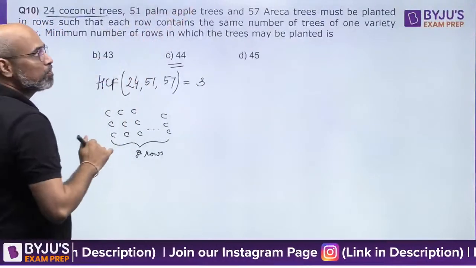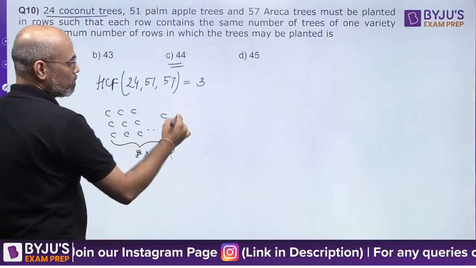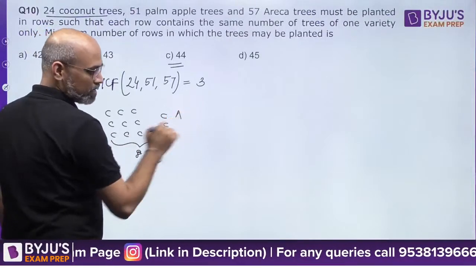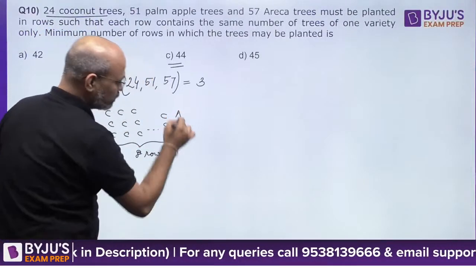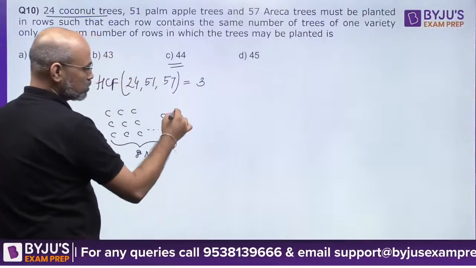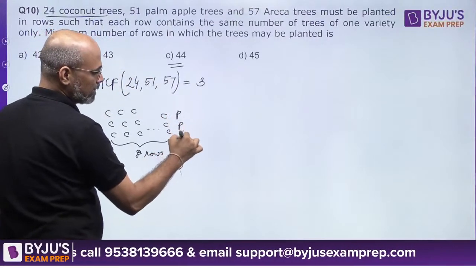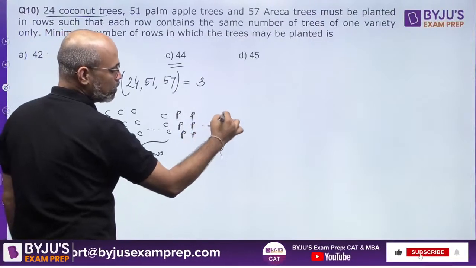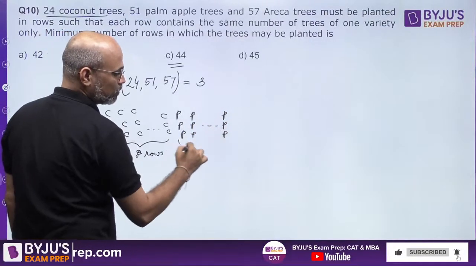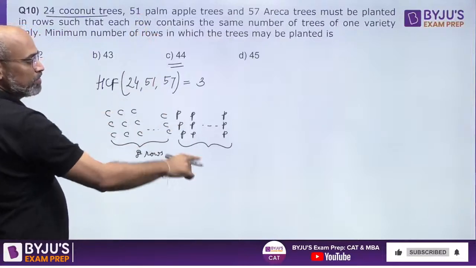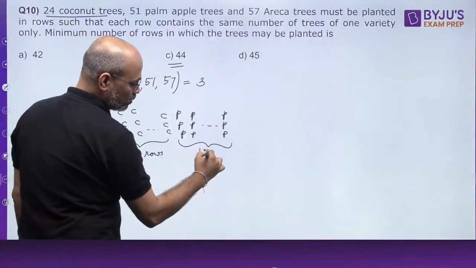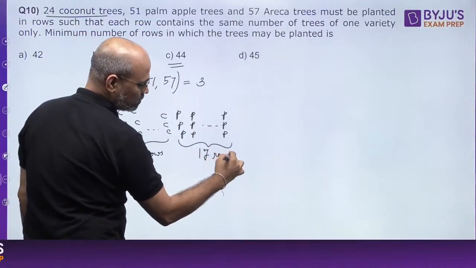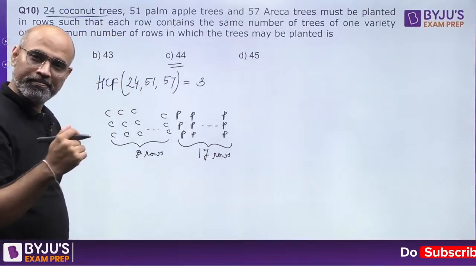Number of trees are same and type be same. Next, 51 palm apple. For palm apple, let's use a different letter. If I write P, P and P, 3, next P and P and P, and if I keep on planting 3 P's in every row, so 51 divided by 3, this is going to be a total of 17 rows. 17 into 3 is 51.